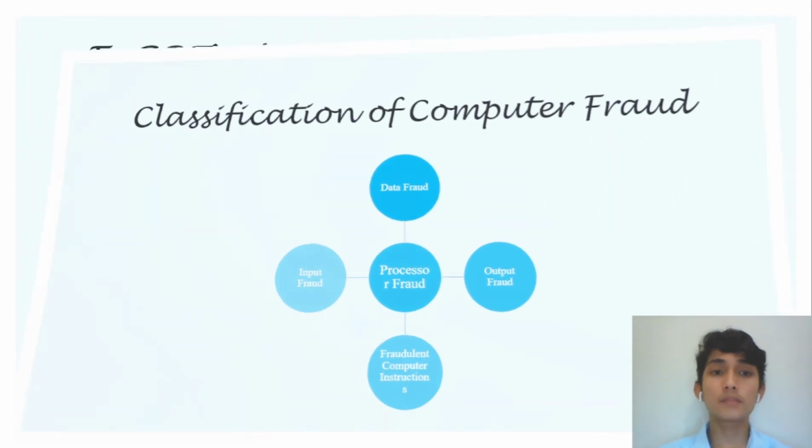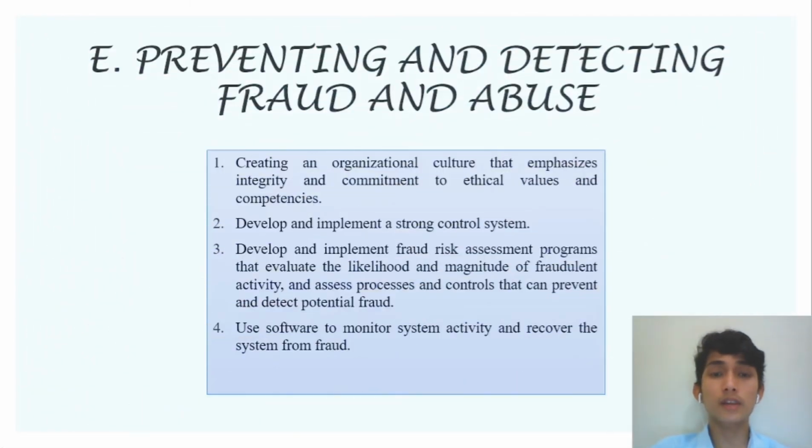And then we come to preventing and detecting fraud and abuse. To prevent fraud, an organization must take several actions. Number one is creating an organizational culture that implies integrity and commitment to ethical values and competencies. Number two is developing and implementing a strong control system.